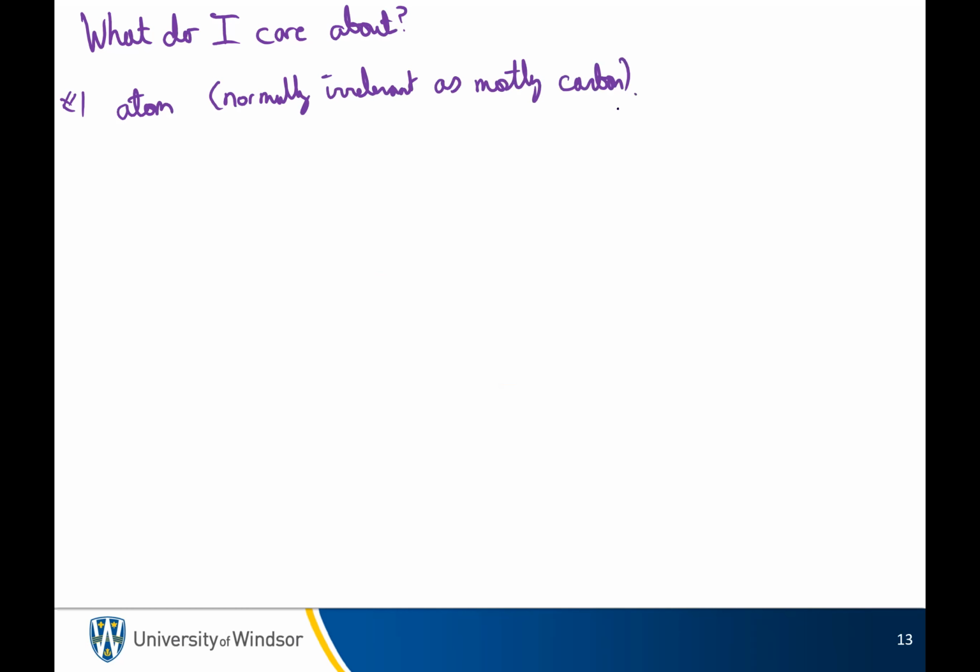We're talking about carbon-carbon double bonds in this thing. I want you to keep in mind that we're not suddenly changing the rules from acid-base chemistry. Charge stability is still the same thing. It's just that carbon-carbon double bonds tend to involve carbon, so your atom that's going to have a positive charge is generally a carbon.